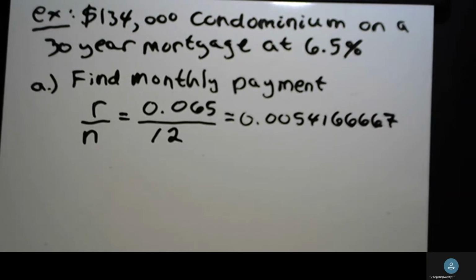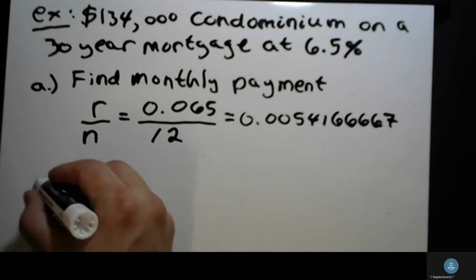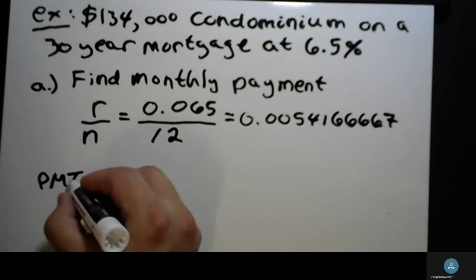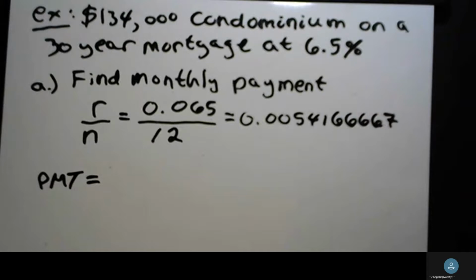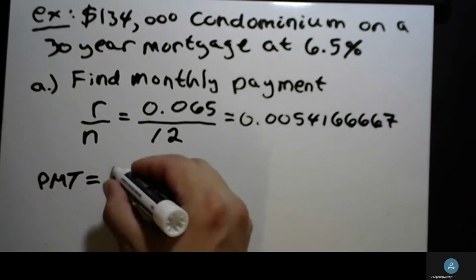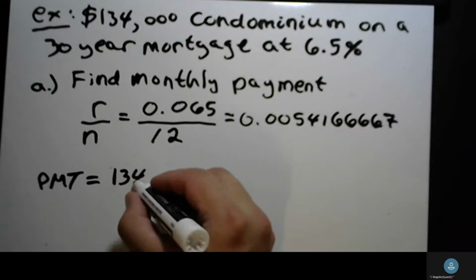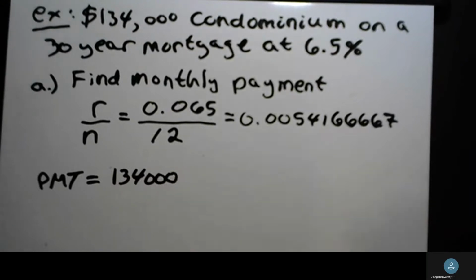So now going into the formula. Now A is the actual mortgage. So we're assuming that this $134,000 is going to be after down payments were made.